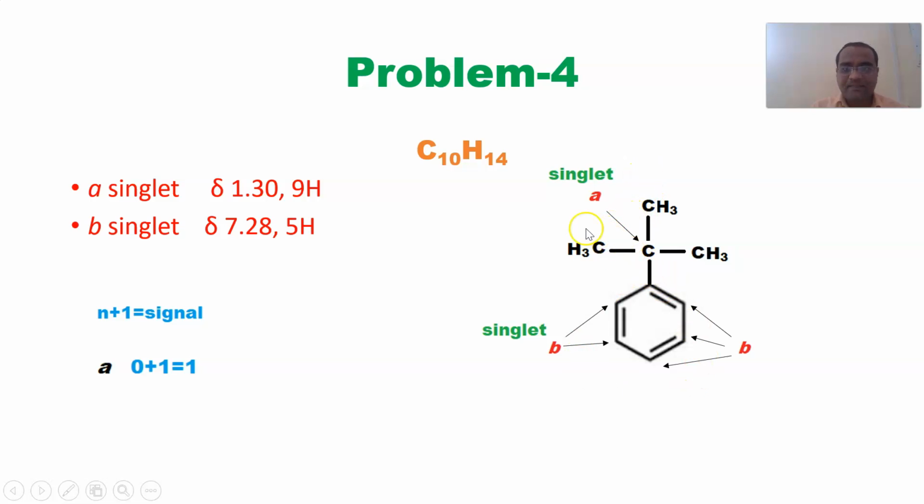And the singlet is in the region of an alkane. So all the CH3, all 9 hydrogens are equivalent. That is why it is showing a singlet. So the singlet is on this carbon, not on this carbon. It will not show any signal, as it does not have a hydrogen atom adjacent to it.